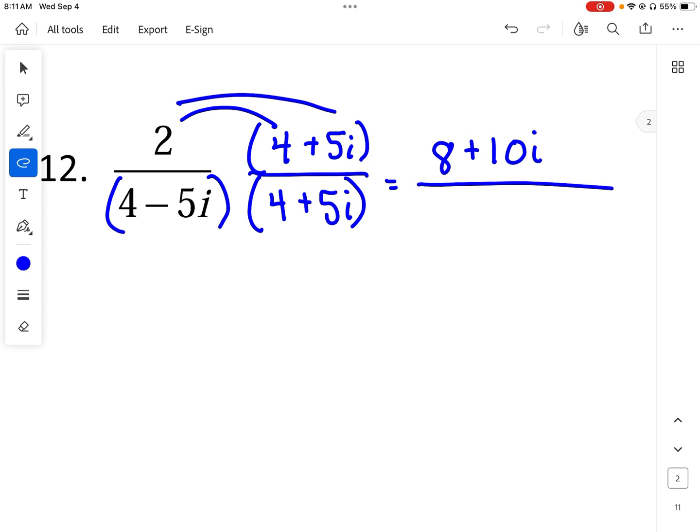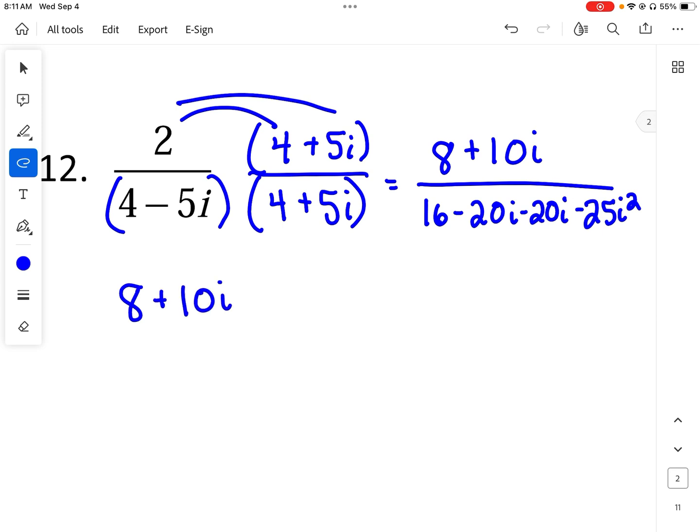Okay, then the denominator, we have 16 minus 20i plus 20i, and then multiply -5 times +5i. So that'd be minus 25i squared. All right, so I have 8 plus 10i.